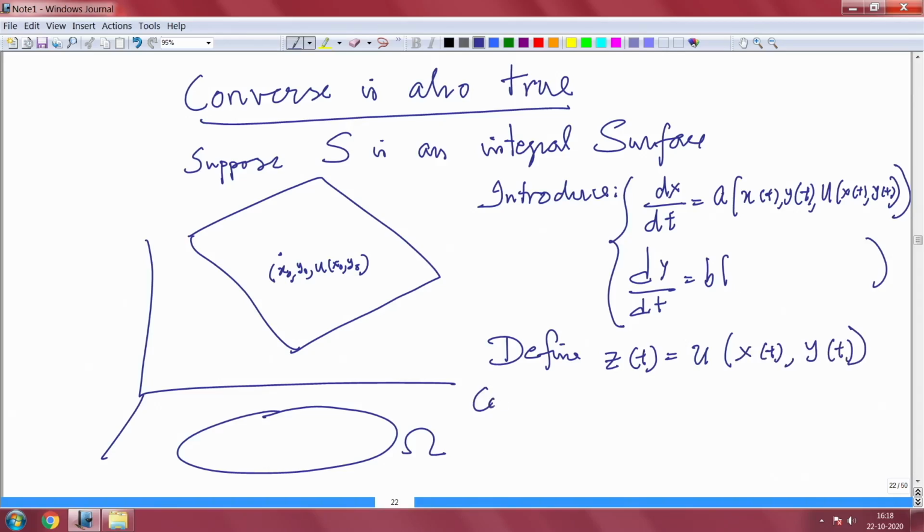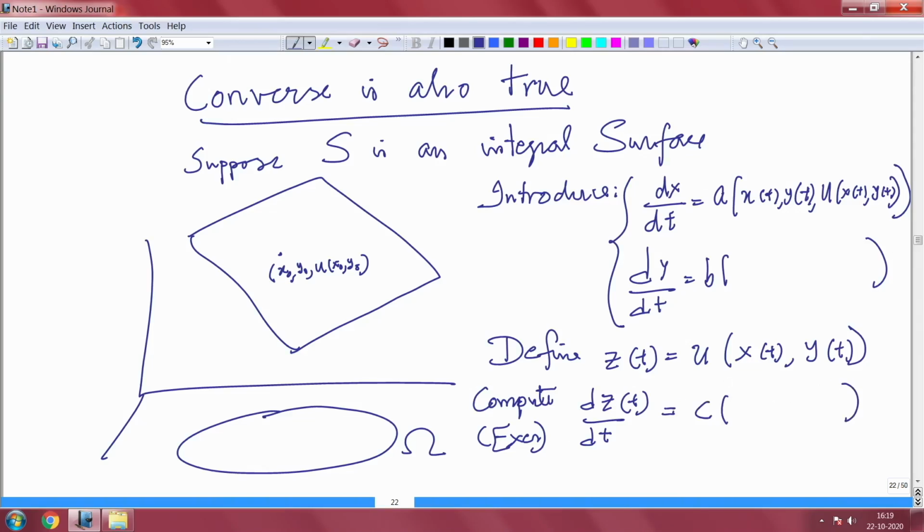Then if you compute dz by dt, this is a small exercise, you can see that this is nothing but c. You just do the computation and use the PDE, and you get it.